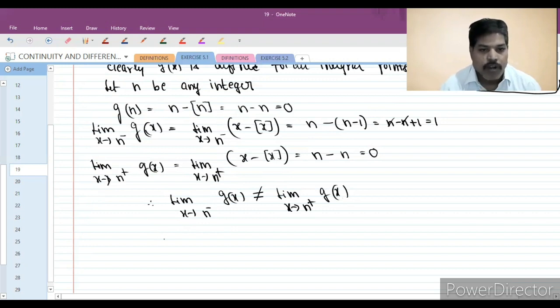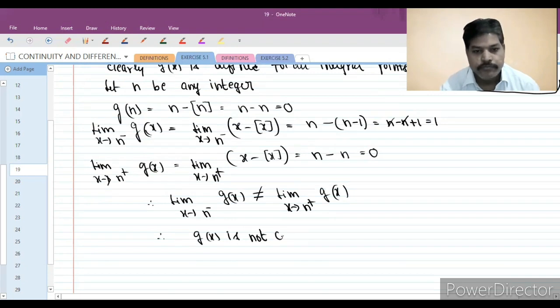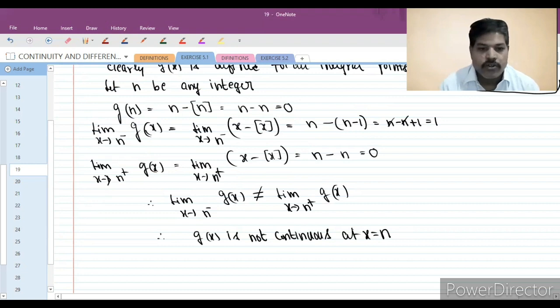So, students, we can conclude that the left hand limit is not equal to the right hand limit. Therefore, g of x is not continuous at x equal to n. I took n to be any integer, and we have proved that g of x is not continuous at x equal to n.